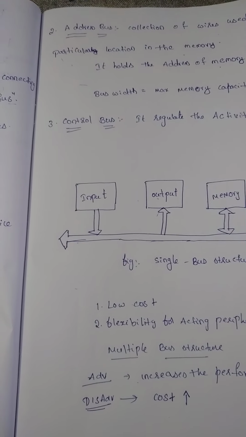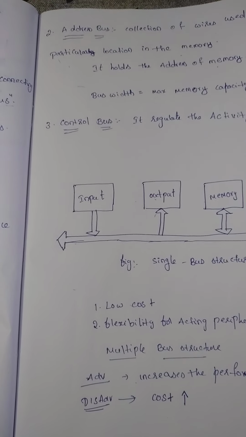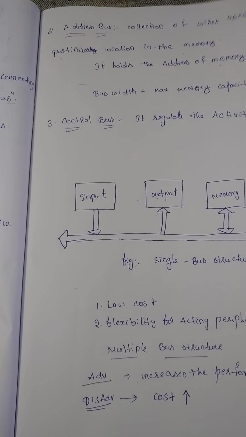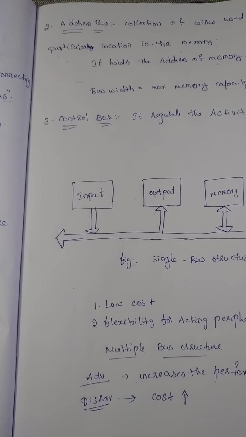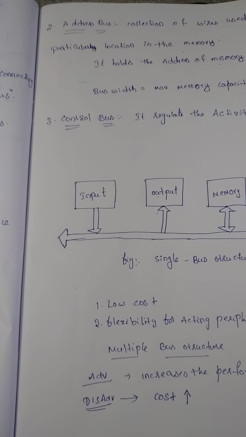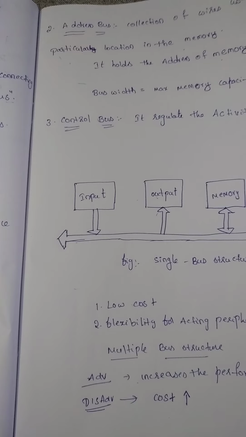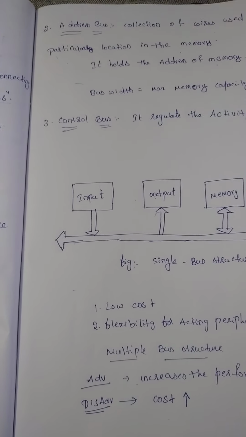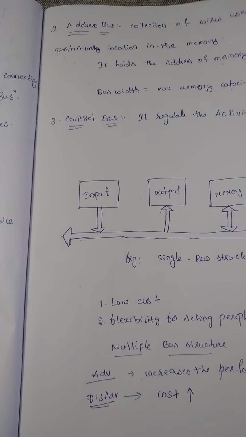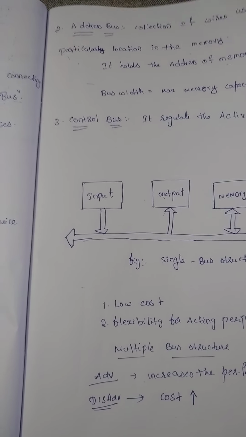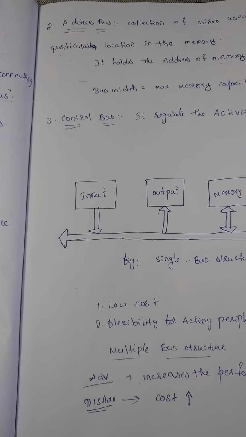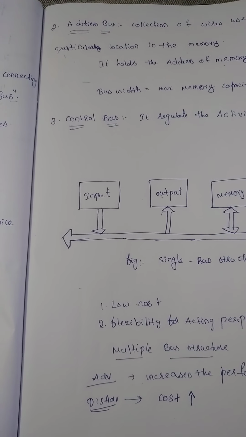Once the buffer is loaded, only then does the printer start printing without further intervention by the processor. So first the data has to be transferred from processor to the printer buffer, and once it is completely transferred, the printer starts printing the data without further intervention by the processor.